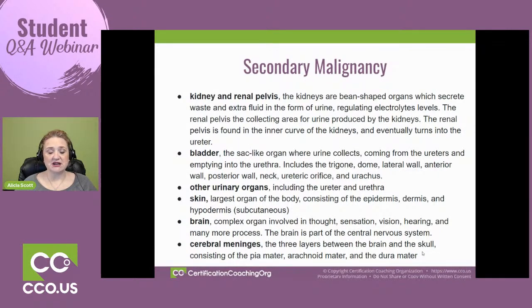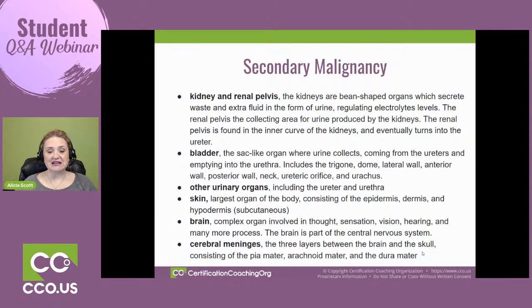So I looked at the breast cancer code, and then the additional information that's provided is talking about where cancer likes to metastasize. So it can go to the kidneys or renal pelvis, it can go to the bladder or other urinary organs. And when you say that, it's like, well, what other urinary organs are there? Well, that's the ureter and the urethra. You can have those there, the little bits of cancer there.